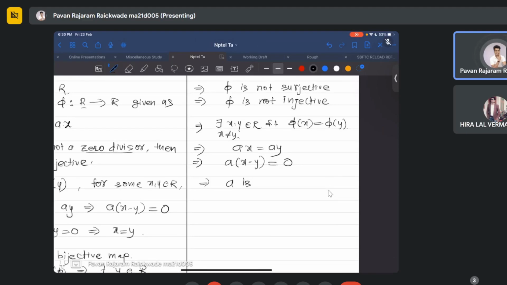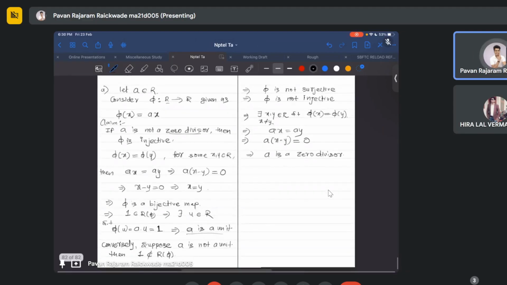This means a is a zero divisor, because its product with a non-zero element is 0. So we have shown that for any finite commutative ring with unity, any non-zero element is either a unit or a zero divisor.